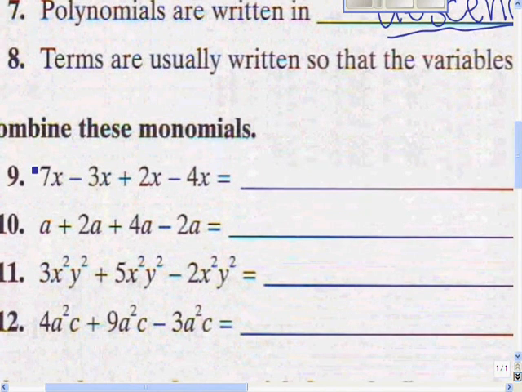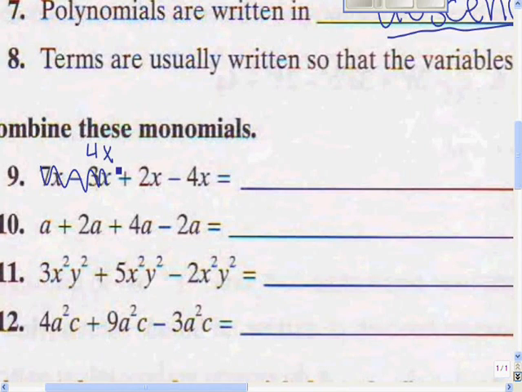So the signs are different, so we're going to subtract. What's 7 minus 3? 4. 7 minus 3 is 4. And since the bigger number is positive, I know my answer is a positive 4. So now I've got a positive 4x and a positive 2x. Well, since the signs are the same, I'm going to add. 4x plus 2x is 6x.